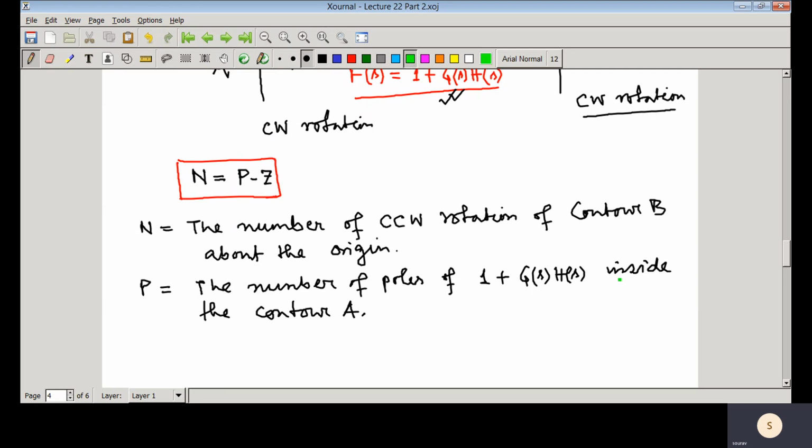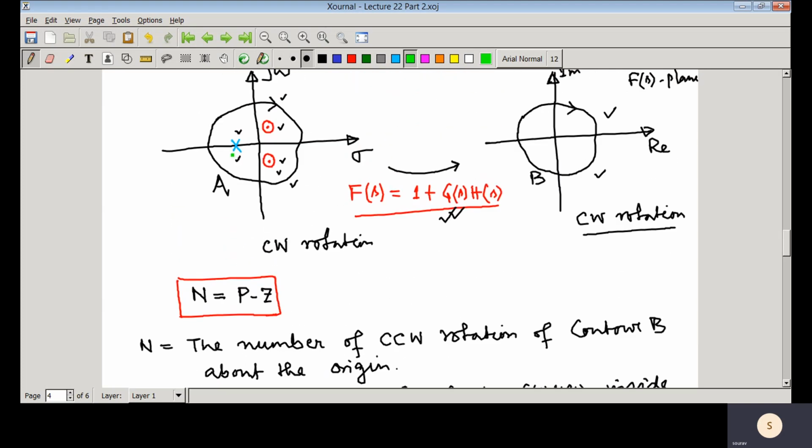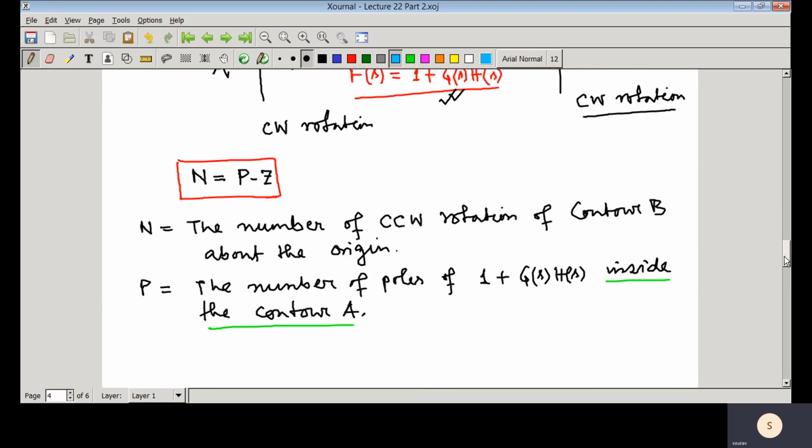That is how many poles are inside that contour A. So we can see that inside that contour A there is one pole. You may have another pole, say suppose here. That means we should not count that one, the reason is that it is not inside that contour, it is outside that contour.